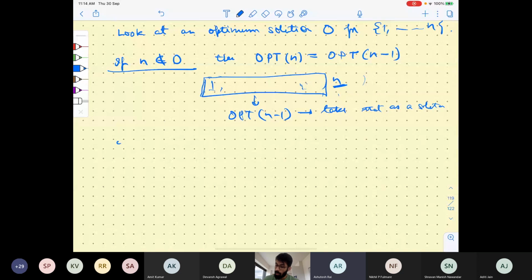Good. Now, what if n is in the optimum solution? Then what did we have? In scheduling, we could discard such things.